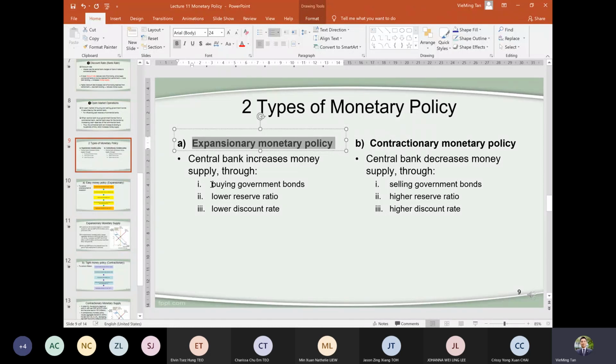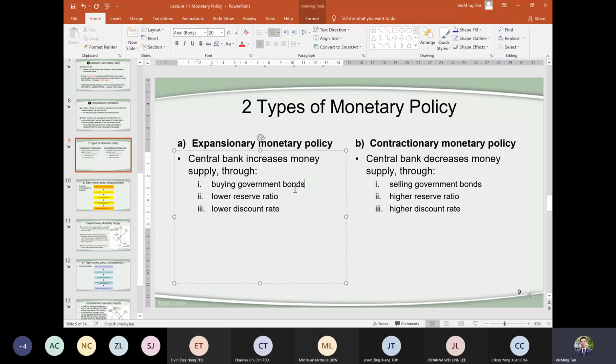The central bank can buy government bonds, buying back the government bonds from the commercial bank. At the same time, it also tries to reduce the reserve ratio required of the commercial bank, and reduce the discount rate that needs to be paid by the commercial bank to the central bank.